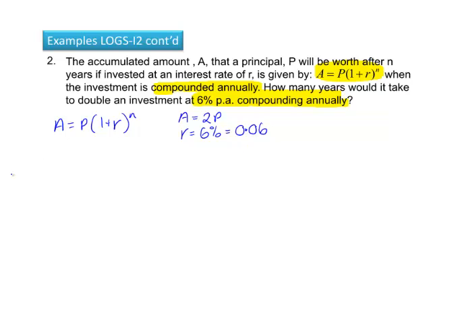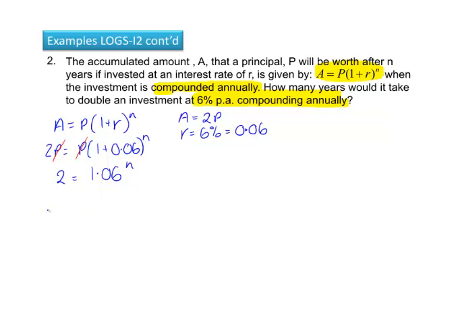So plug that in: 2P equals P(1 plus 0.06) to the n. I can divide both sides by P and you'll see that those P's will cancel. So I now have 2 equals 1 plus 0.06, which is 1.06, all to the power of n.